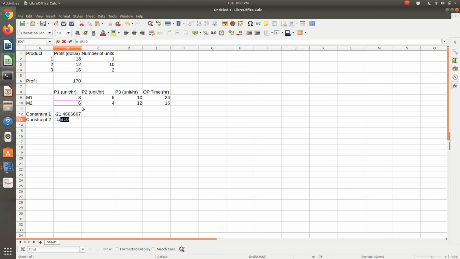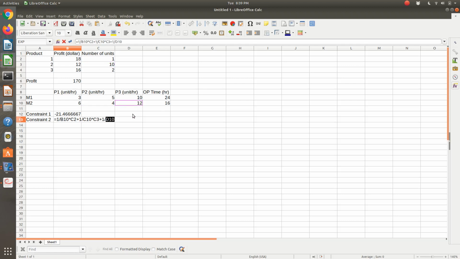So it's 1 over the rate on machine 2 times the number of units of component 1, 1 over the rate of component 2 on machine 2 times the number of units.